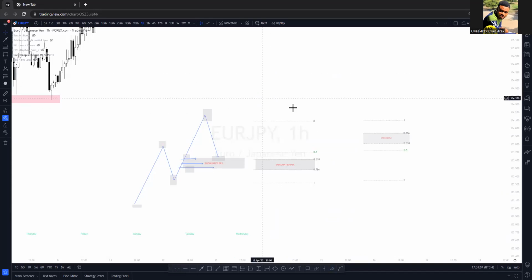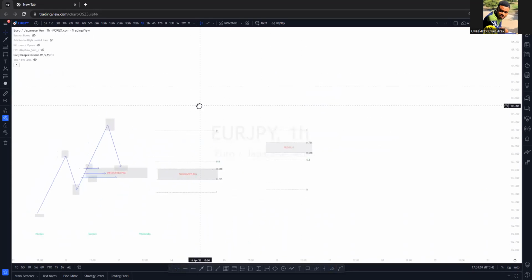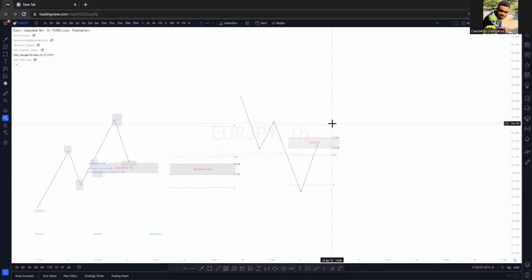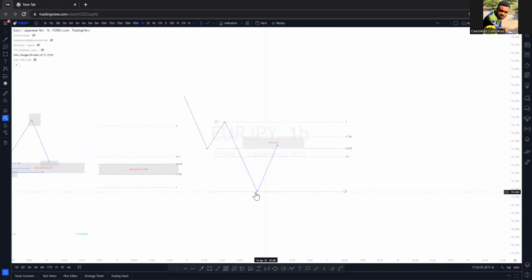All right. The same thing happens in the premium market. Let's say you're having a sell, price is selling. What you do is you use your Fibonacci from this previous high, lower high, to your lower low, right?